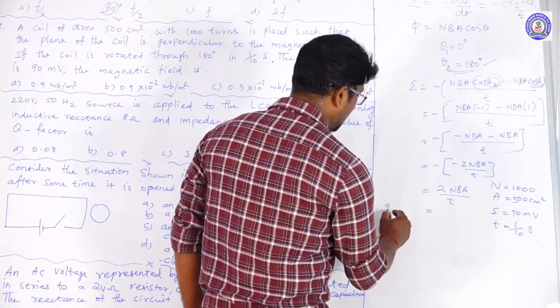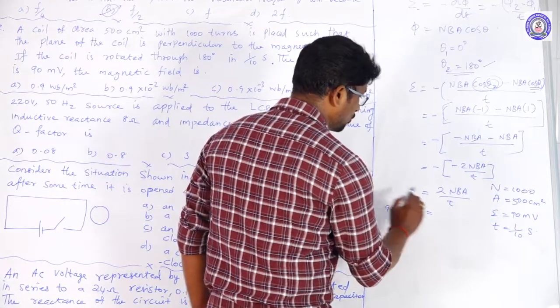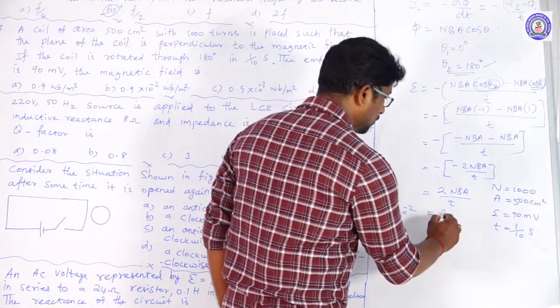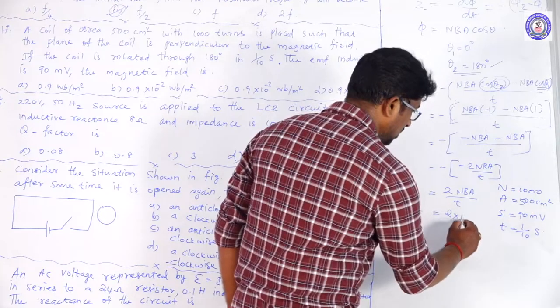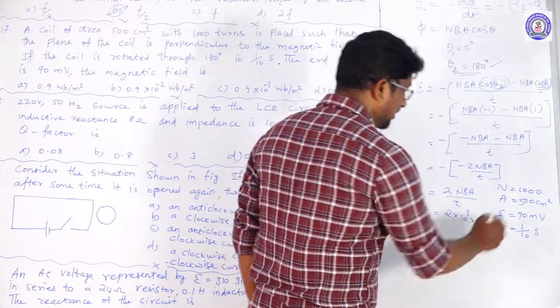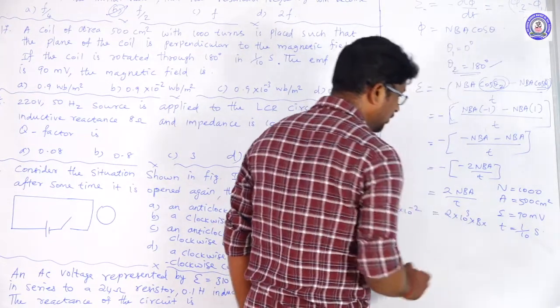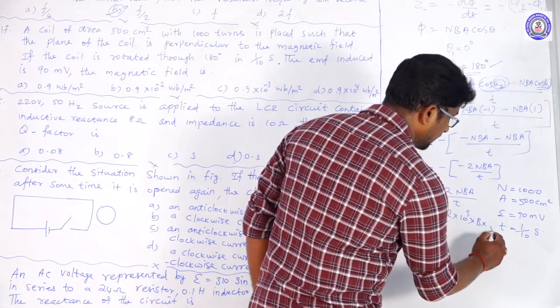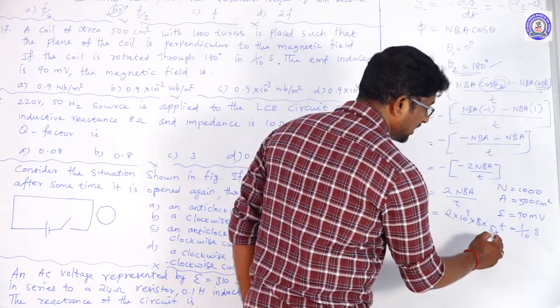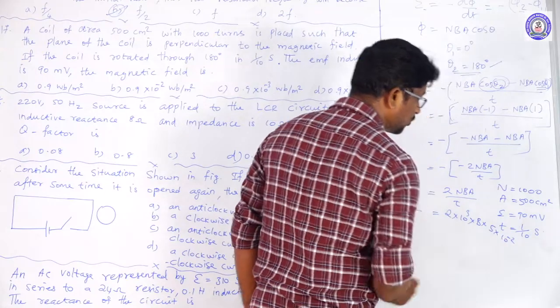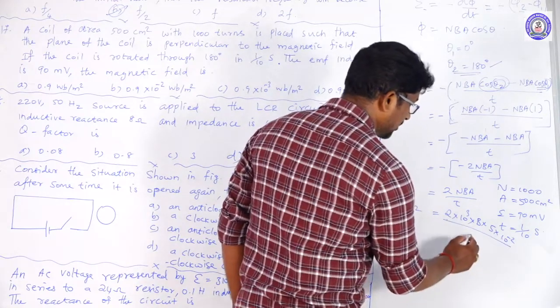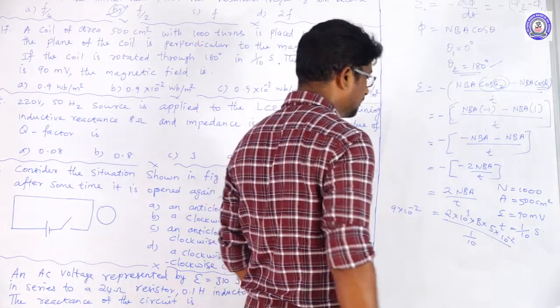EMF 90 millivolt, or 9 into 10 power minus 2 volt, equals 2 into number of turns 1000 or 10 power 3, into the magnetic field B we need to find, into the area 500 centimeter square or 5 into 10 power minus 2 meter square, divided by 1 by 10.